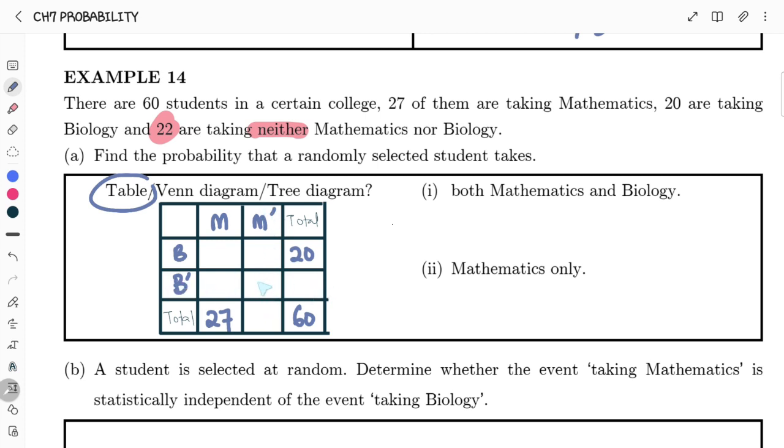So you have 22. Okay, then just fill in the table.